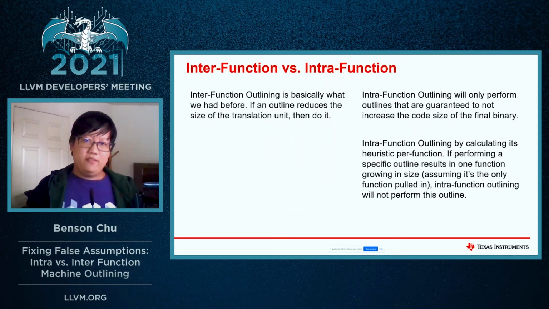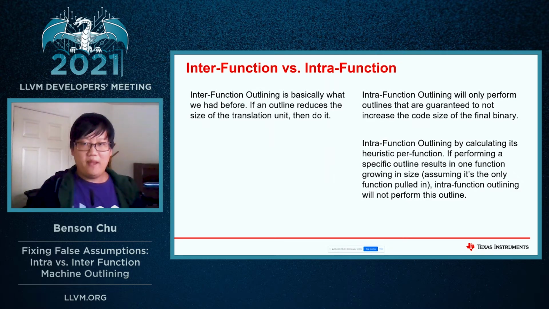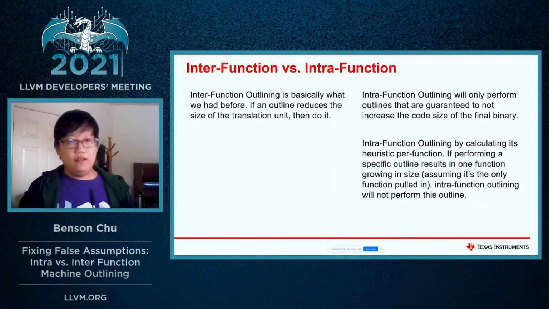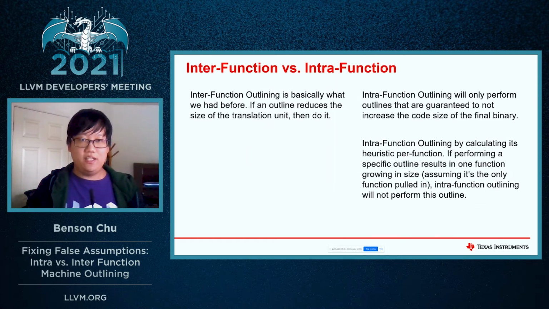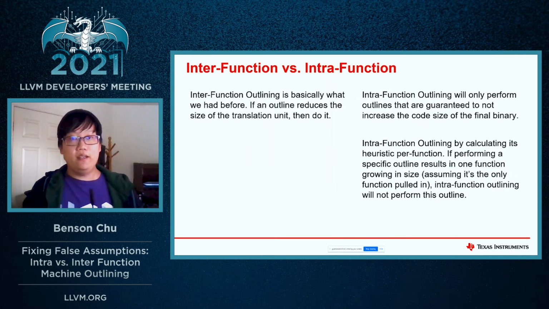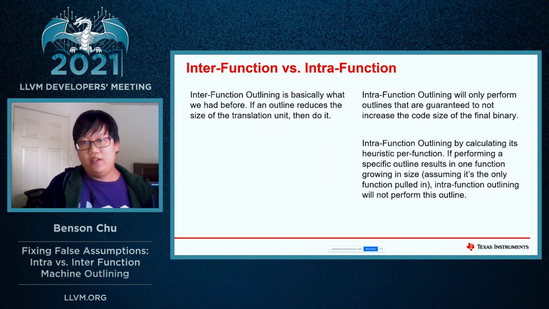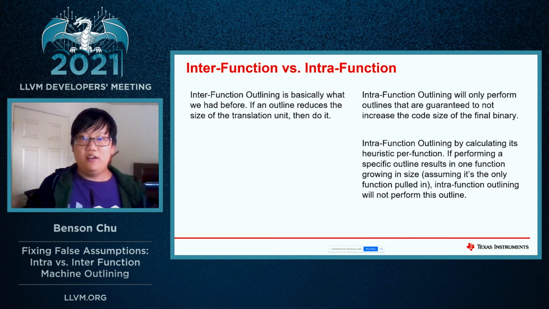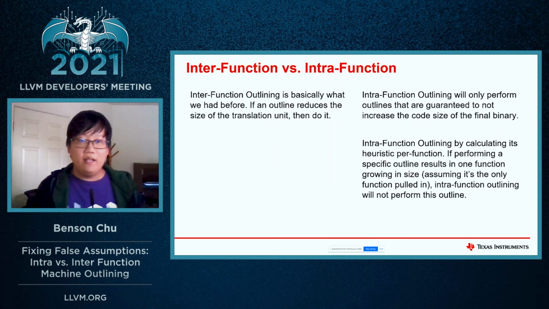And what I eventually decided on was introducing a new mode to the MachineOutliner that was a lot more pessimistic. And I'm choosing to call this dichotomy InterFunction versus IntraFunction outlining. InterFunction is basically what we had before, where if the outline reduces the size of the translation unit, then we will do that outline. However, on the other hand, IntraFunction outlining will only perform outlines that are guaranteed to not increase the code size of the final binary.